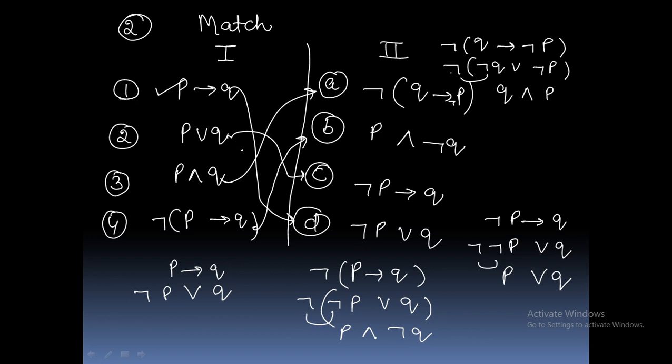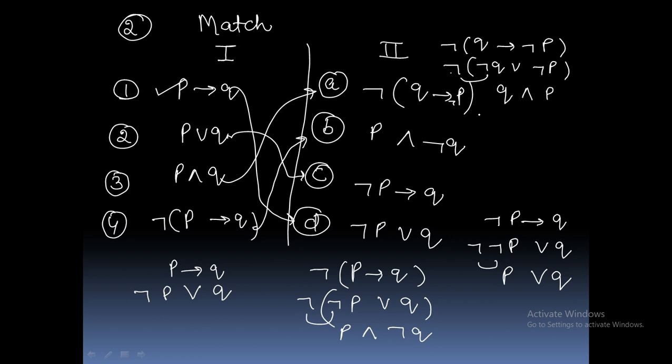And the fourth equation, not in bracket P implies Q: not in bracket we write not P or Q, negation negation cancel P, and not Q, due to not, or converts into and, not Q. You can match it with the second option.